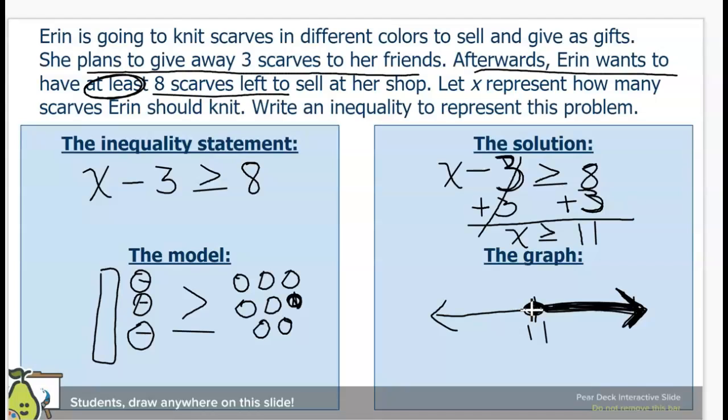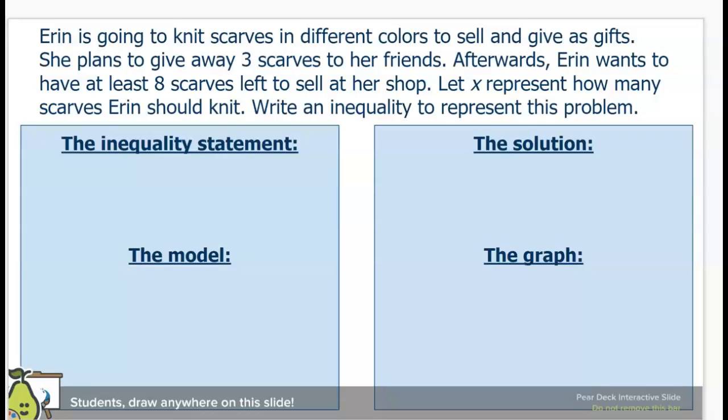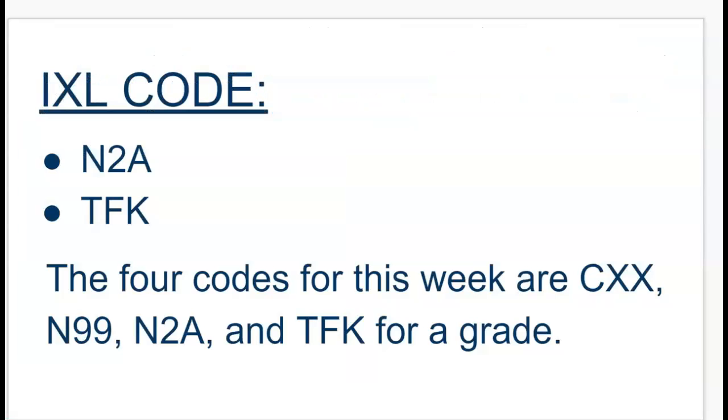Now, here's the other thing that I wanted to mention. Your IXL codes for this week. If you remember, you were supposed to do 4 codes this week. CXX, N99, N2A, and TFK for a grade. You did 2 last class, so the 2 new ones are N2A and TFK.